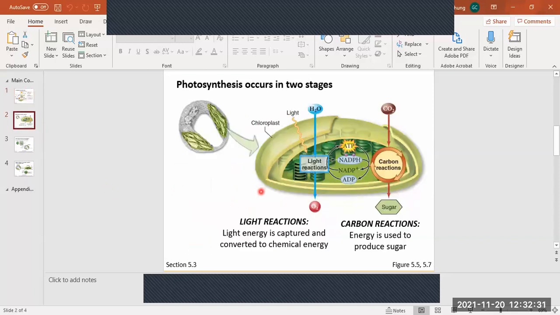Photosynthesis includes the light reaction and carbon reactions. The light reaction requires those photons of sunlight energy and also a water molecule.